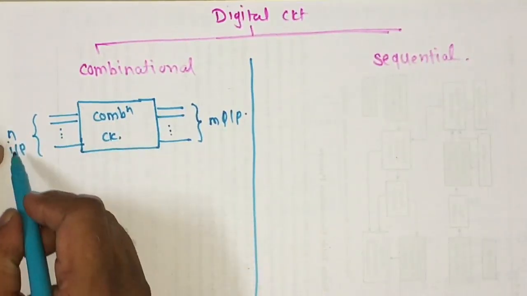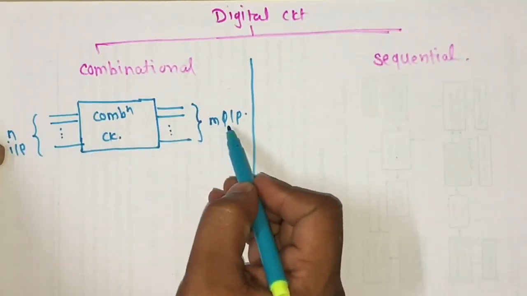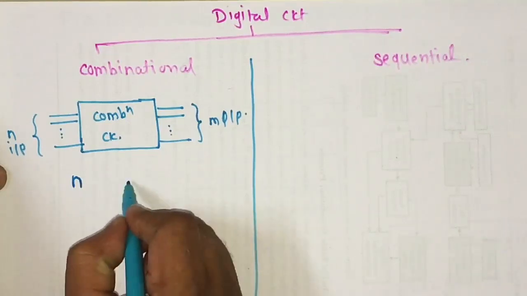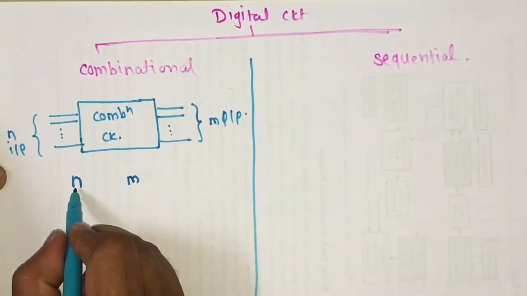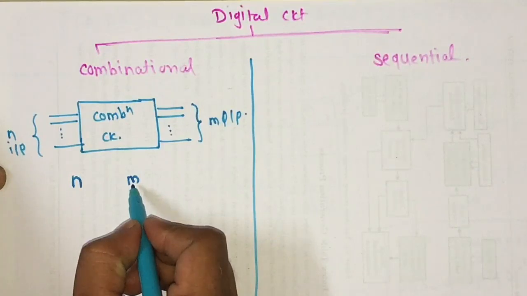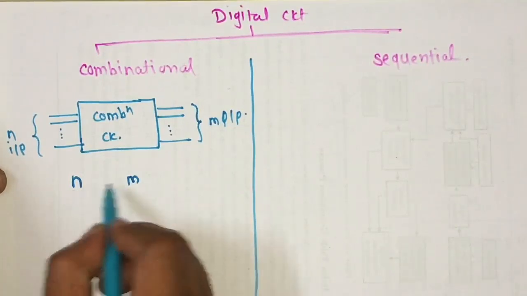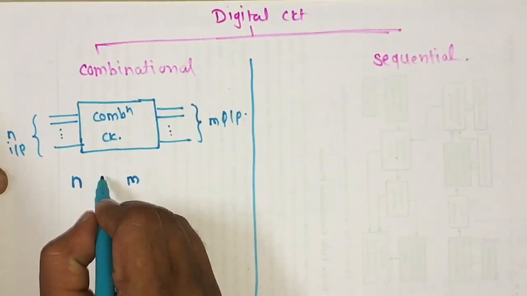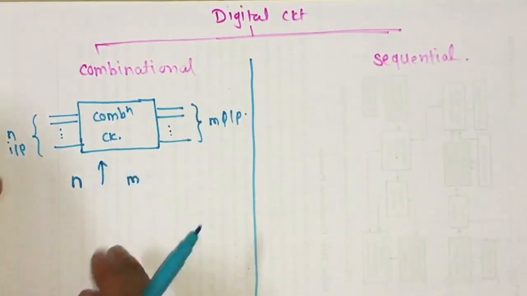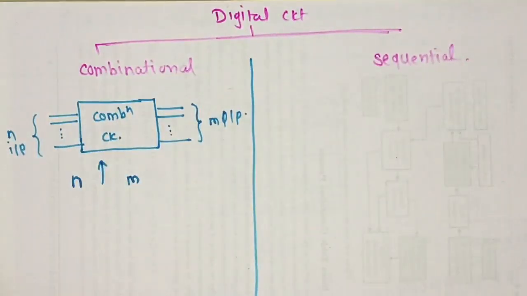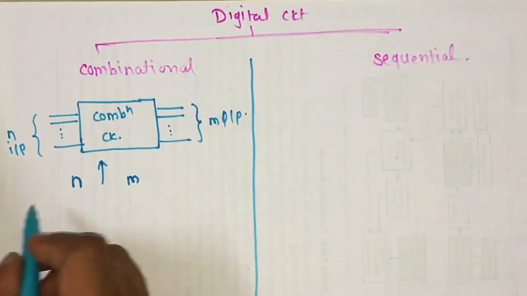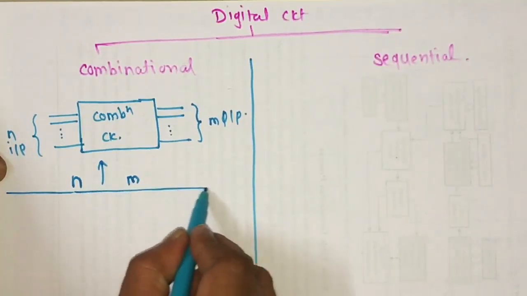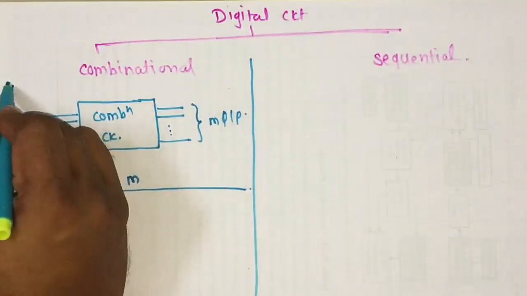There is a relation between the number of inputs and the number of outputs, and that will be indicated by this combinational circuit. This is the actual definition of your combinational circuit. This is the first point.